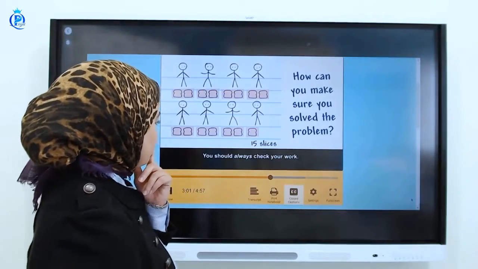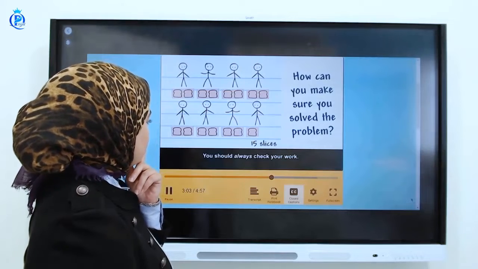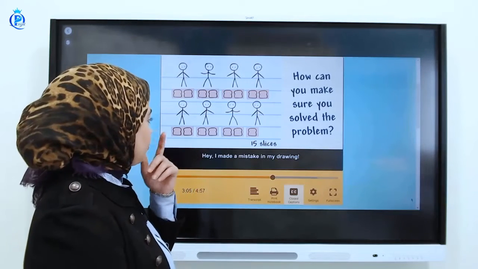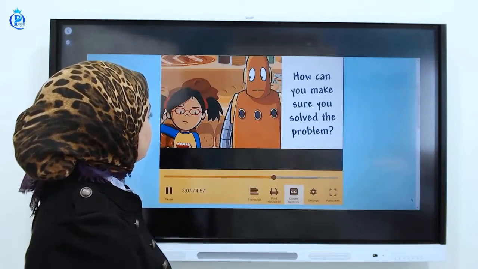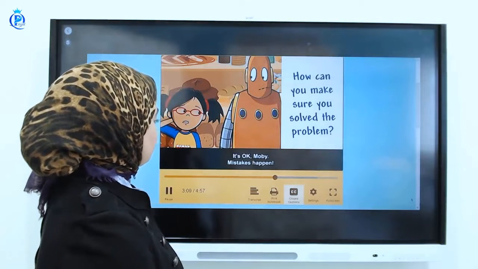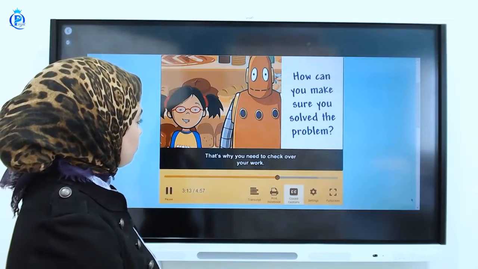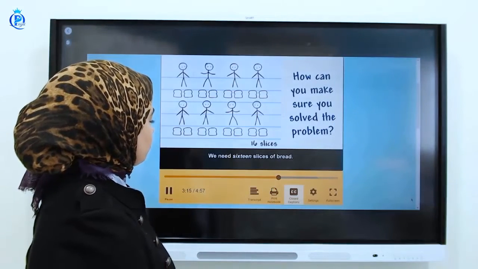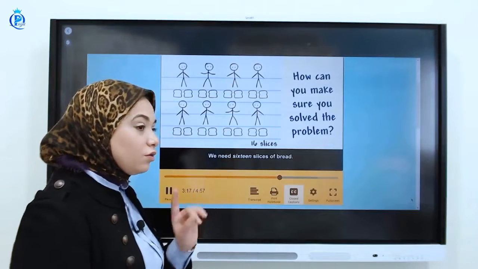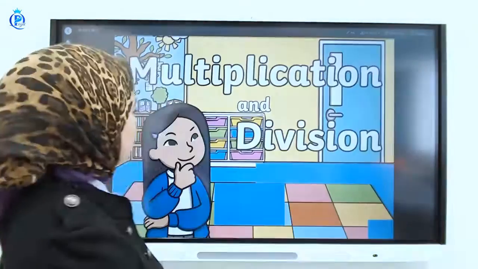You should always check your work. Let's check. I made a mistake in my drawing. That's okay, Moby. Mistakes happen. That's why you need to check over your work. We need 16 slices of bread, not 15.